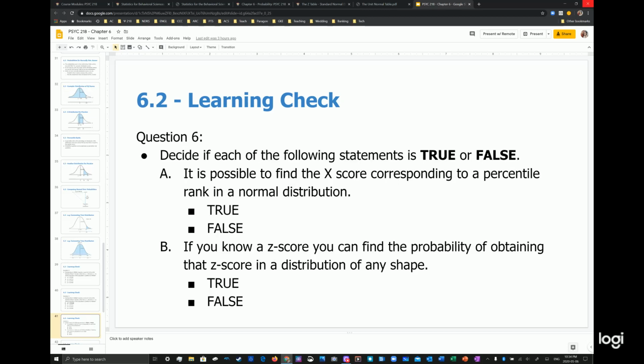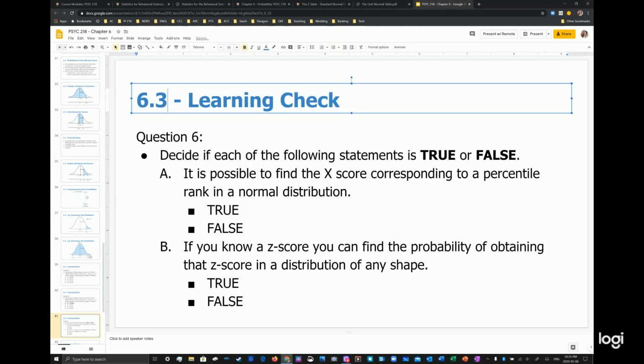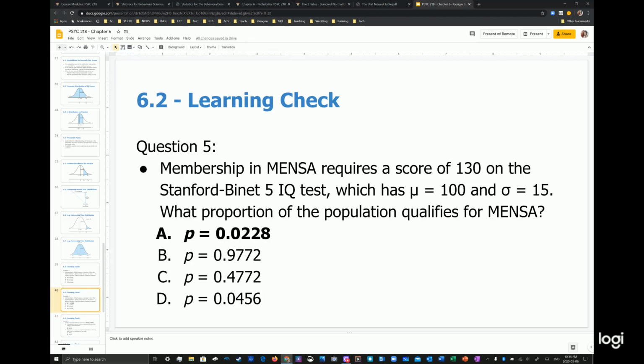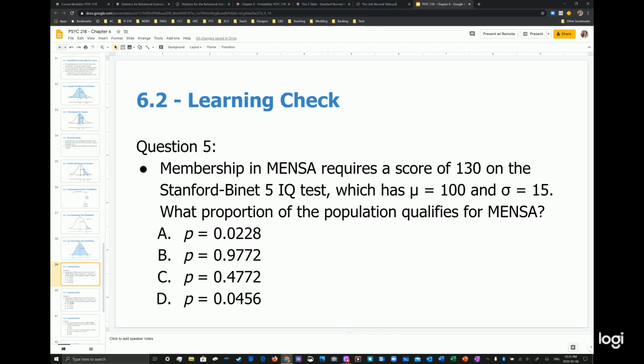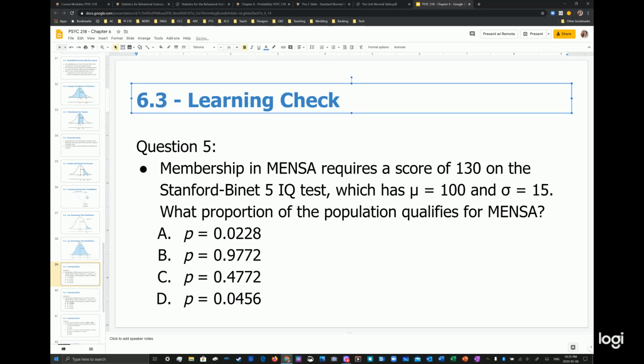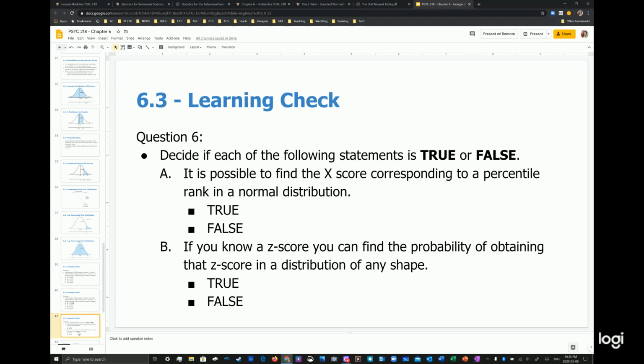True or false questions now, so these would be 6.3. First, is it possible to find an X score that corresponds to a percentile rank in the normal distribution?